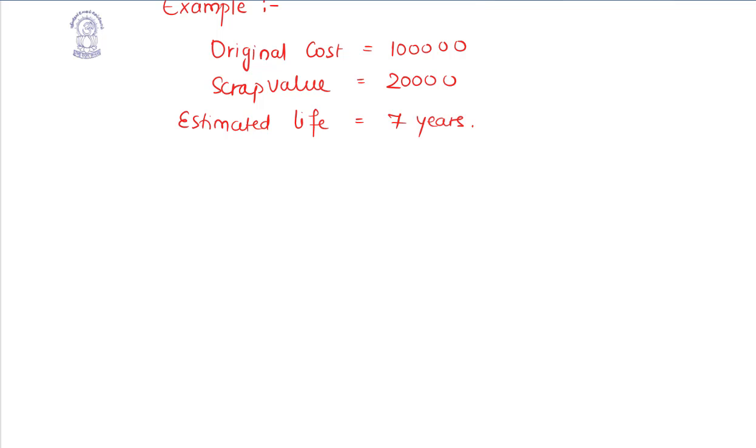Let us do the solution now. Try to solve this on your own. First, we need to calculate the WDV, written down value, depreciation rate.